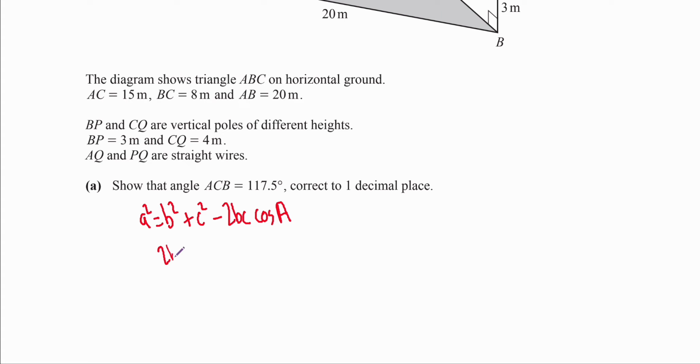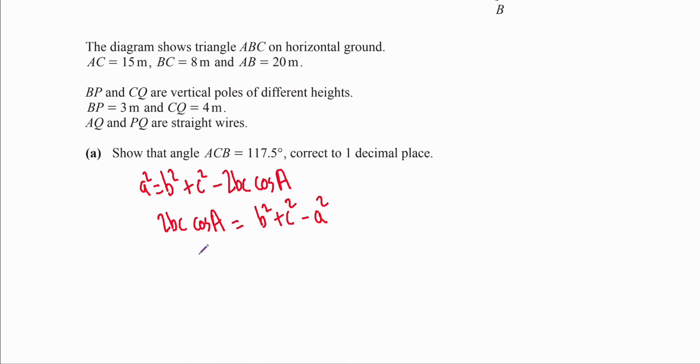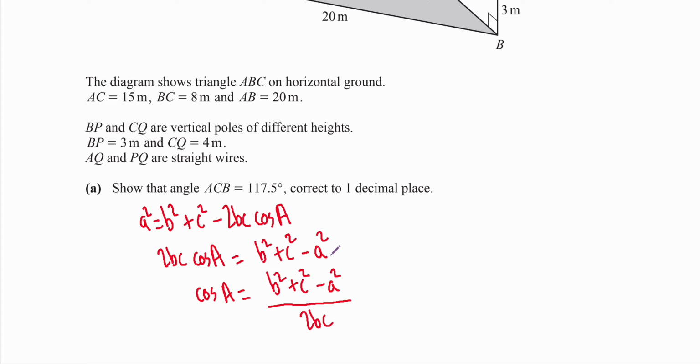We would have 2bc times the cosine of A is equal to b squared plus c squared, and then bring the a squared to the other side, so minus a squared. Then, with cos A on its own, cosine of A is equal to b squared plus c squared minus a squared, divided by 2bc. So what's a, what's b, what's c?